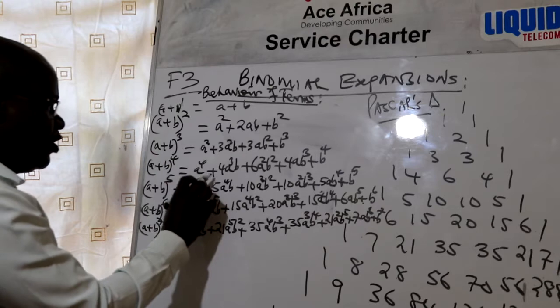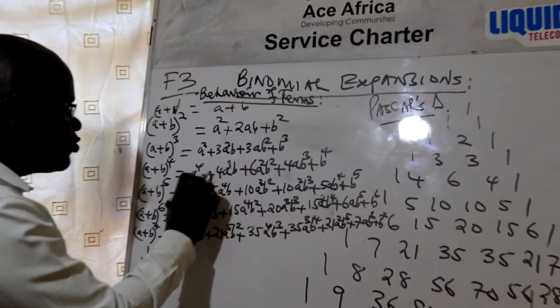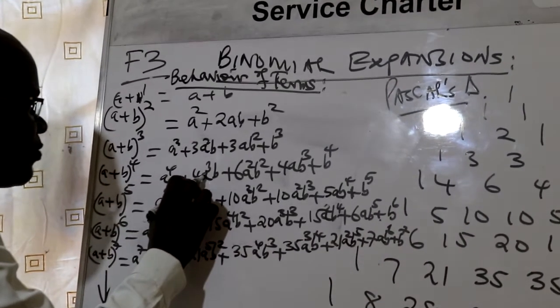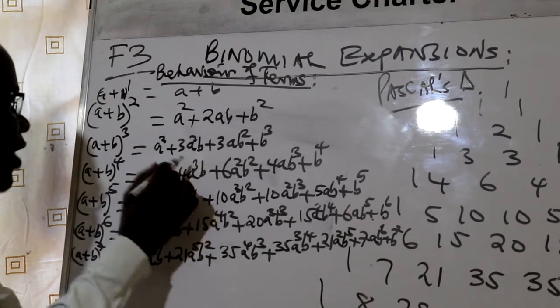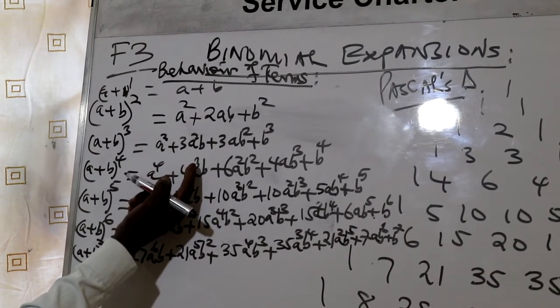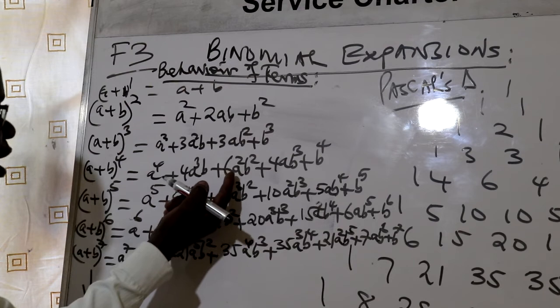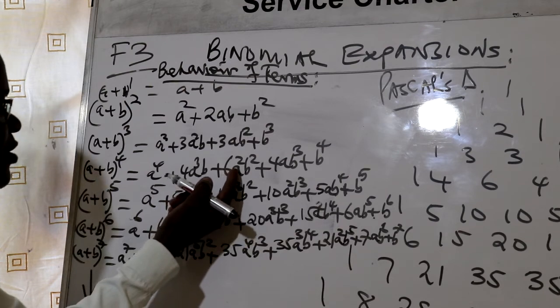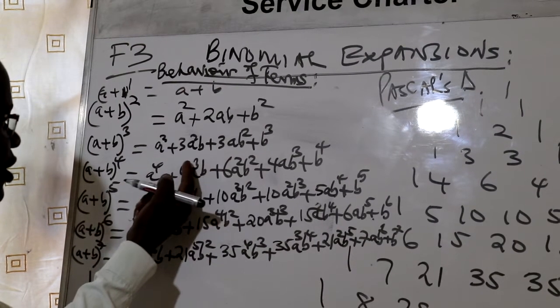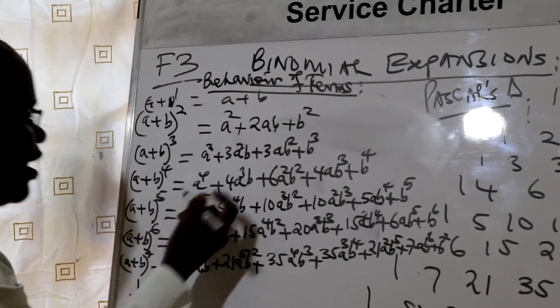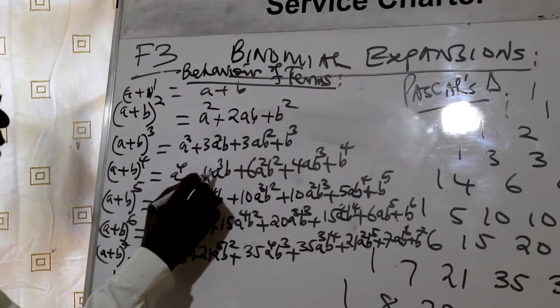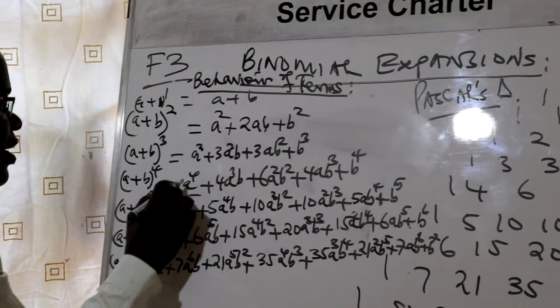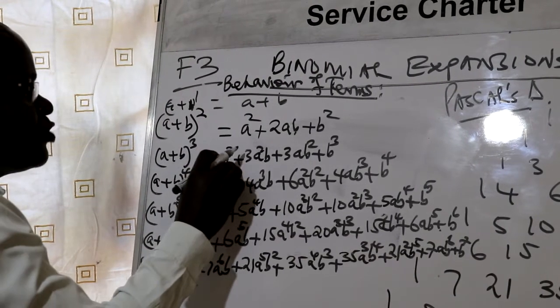A raised to 4 plus 4 and so on. In the first term, A's power has reduced by 1, and then in the third term, the power is 2, meaning it has reduced again. In the first term, A is raised to 4, B is raised to 0.